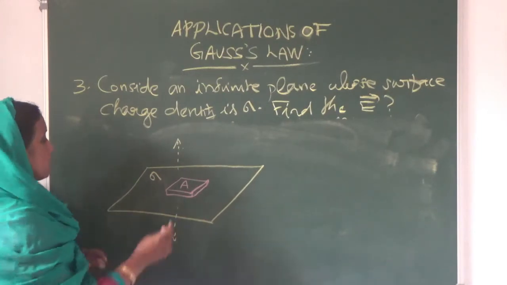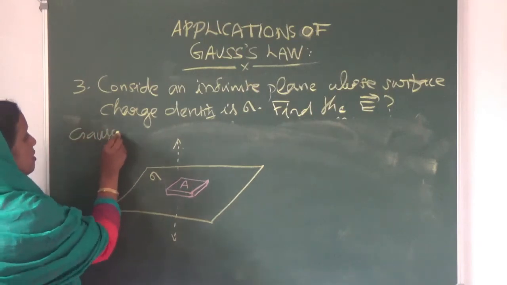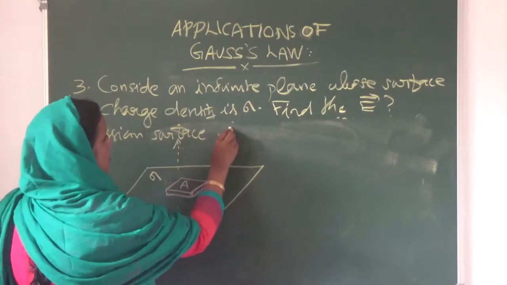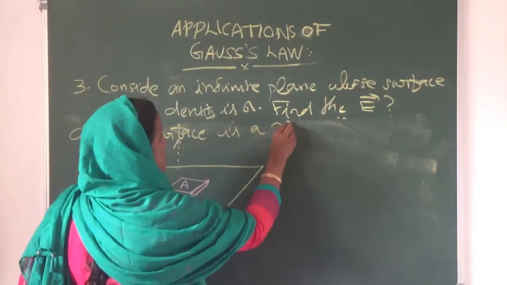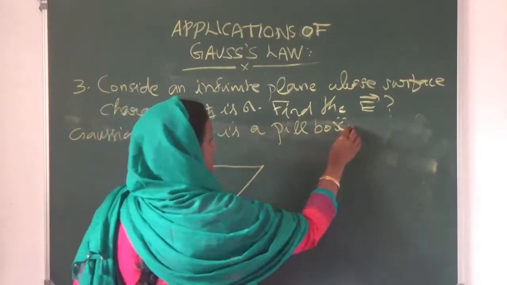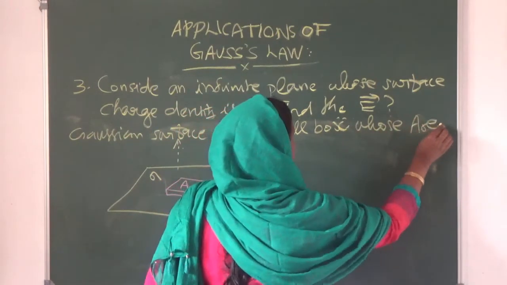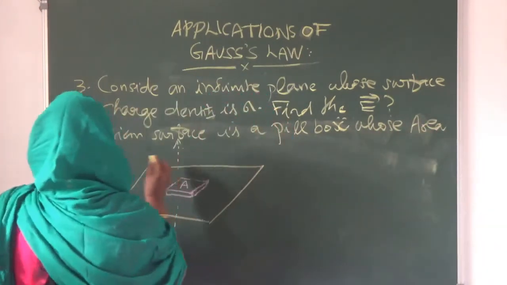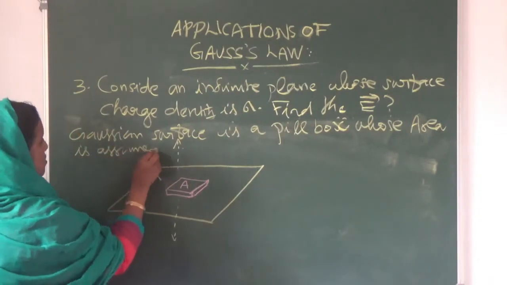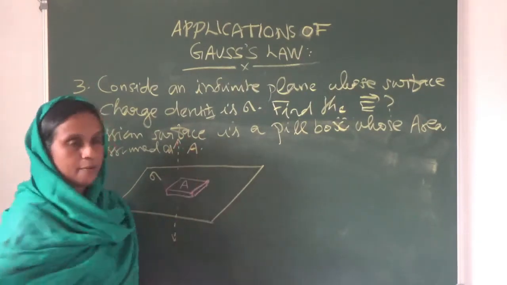Now, I can write here the Gaussian surface is a rectangular pillbox whose area is assumed as capital A. Okay, this is the area.